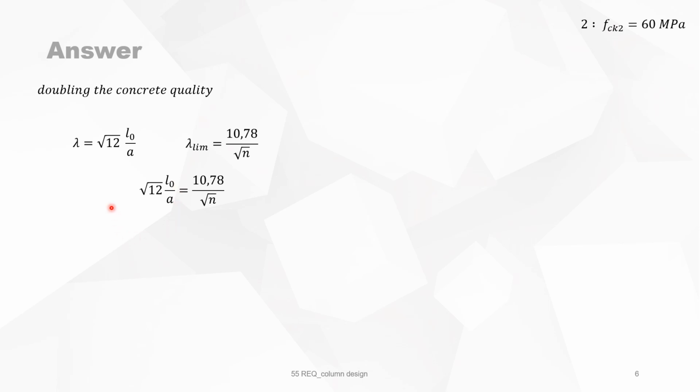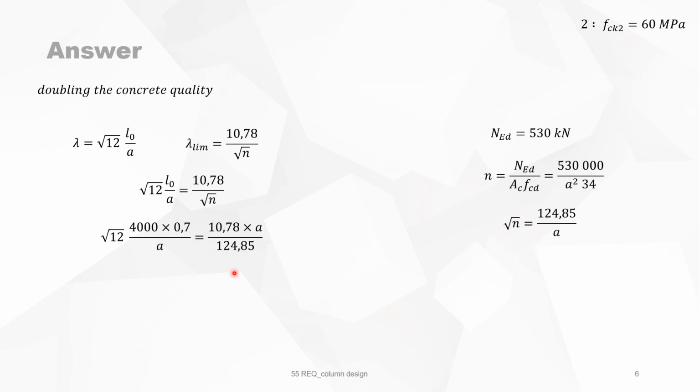The second case, we double the concrete quality and we redo our calculation. Lambda is equal to lambda limit. Again, we have this equation. We say the same, square root of N. We put it into this equation and we find what A should be.